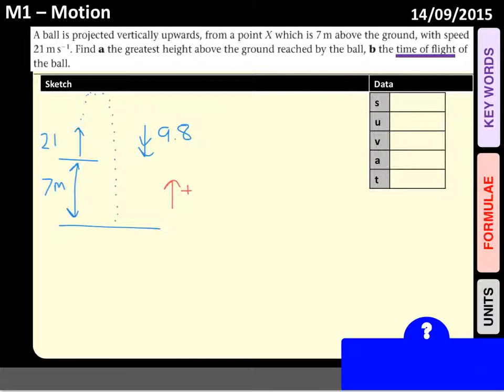So we'll start getting our data for part A. We are looking for the greatest height reached above the ground, so that's going to be at the point at which the velocity is instantaneously 0, so we'll fill that in straight away. Displacement is what we're trying to find. U we know to be 21, and acceleration is due to gravity, so it's minus 9.8.